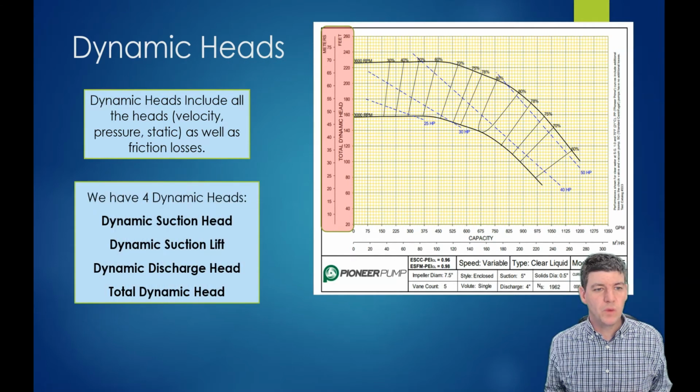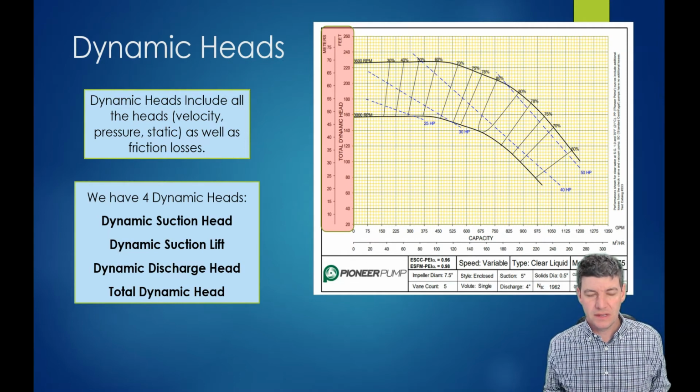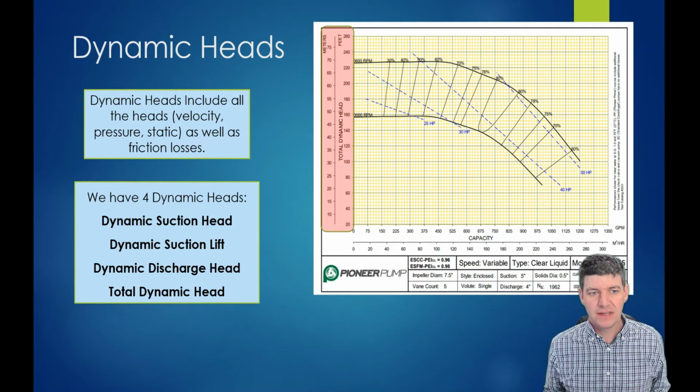And we have 4 different dynamic heads that we're going to talk about. So we have dynamic suction head and dynamic suction lift. Those ones are related to each other. We have a dynamic discharge head, and then we have total dynamic head. And so we can see on that pump performance curve, total dynamic head is sort of our endpoint. That's the endpoint for all of this.